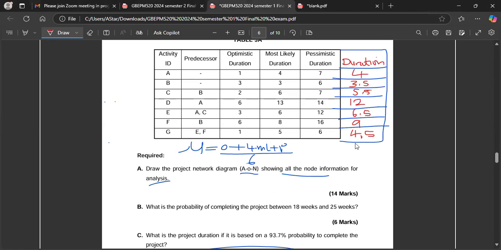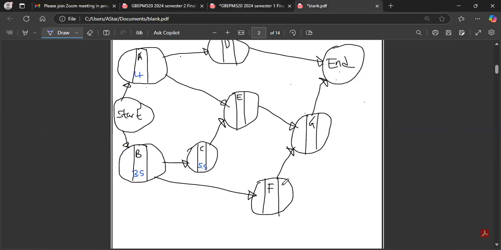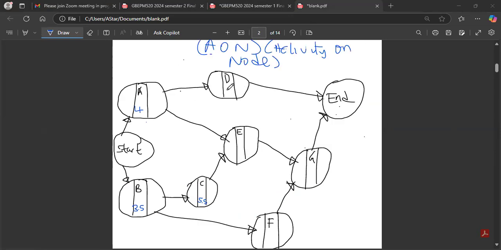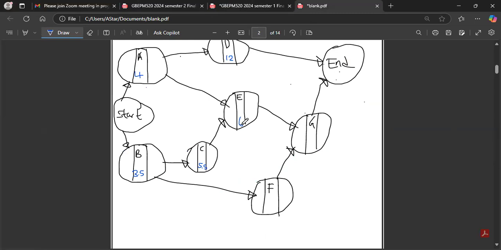What else? D is 12. E is 6.5. F is 9. G is 4.5.